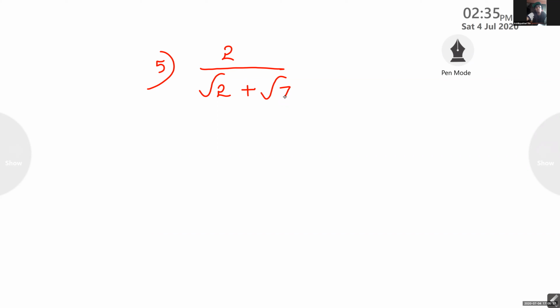Now root 2 minus root 7. Do the calculation properly and with care.